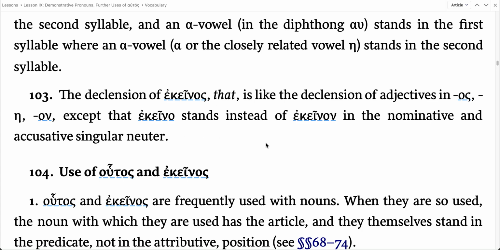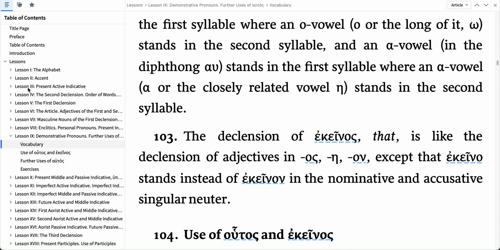So they don't give you the full paradigm because they want you to go back to the adjectives, and that would be back in lesson 6 is what they would want you to go back to, and work through that. It is paragraph 61. So I could kind of take you back to that.